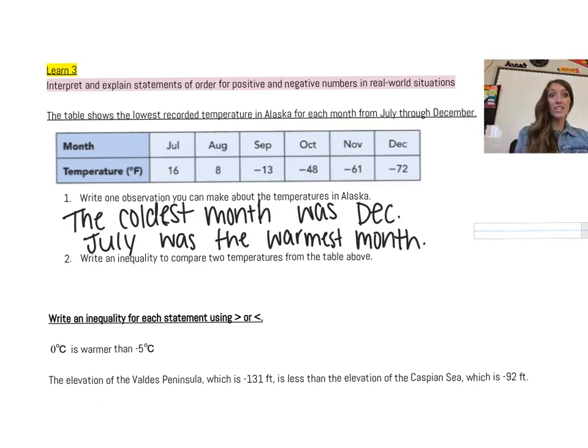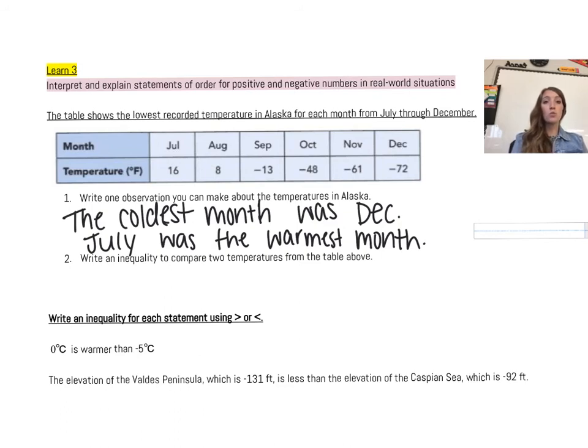Coldest being the most negative, negative 72 is the most negative or the smallest. And July was the warmest because it had the highest temperature or the most positive temperature in this list here. Okay, you could have written any others too, as long as they are true statements comparing the months or any kind of observations about the temperatures in Alaska. Those are just 2 examples that we could have written down.